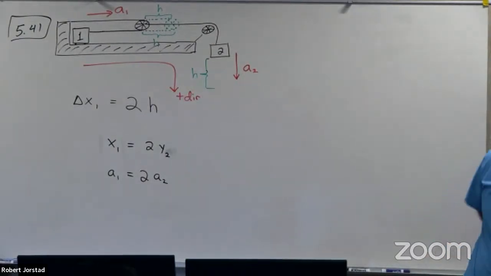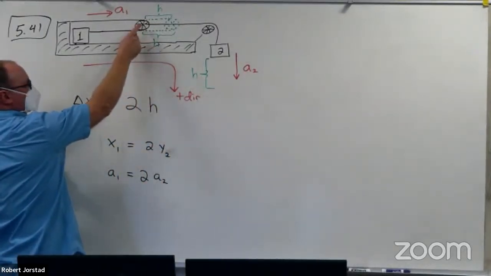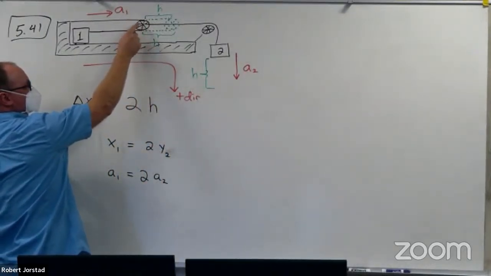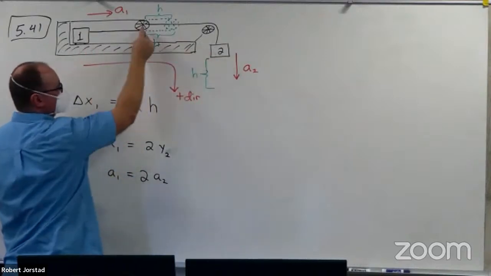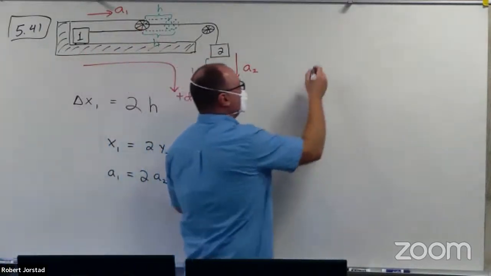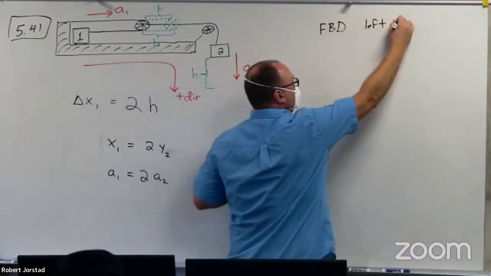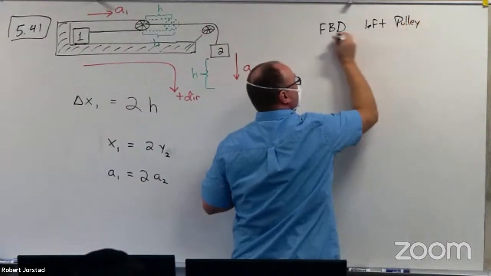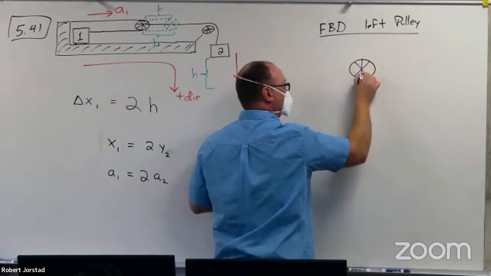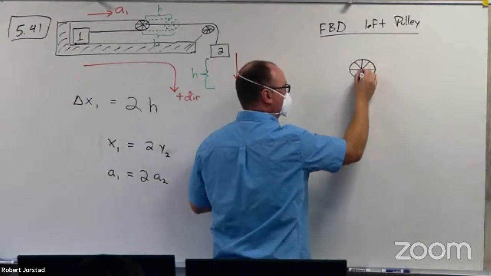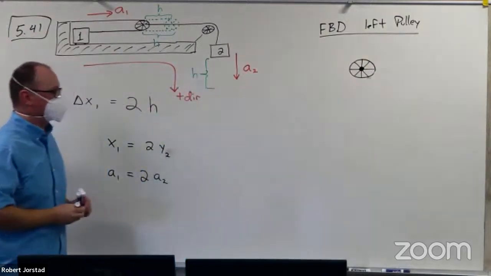Now, let me see what else I want to do with this one. I want to do an FBD for this pulley. I want to try and understand things by drawing an FBD of the pulley itself, not the block, not this block, this pulley. You can do that. There's my pulley. We'll say there's something at the center that you can attach to, right?